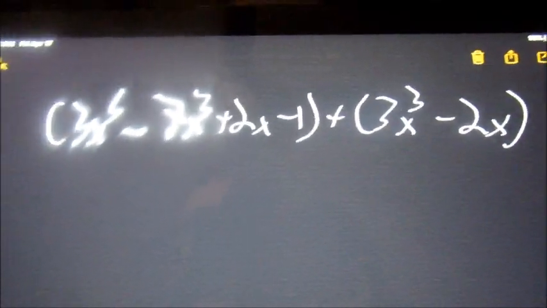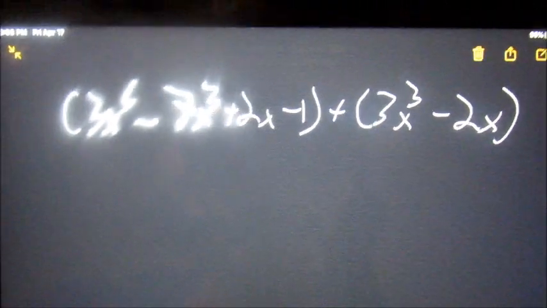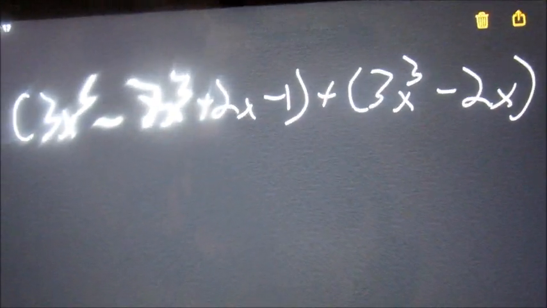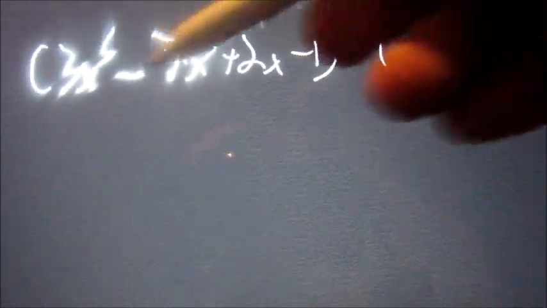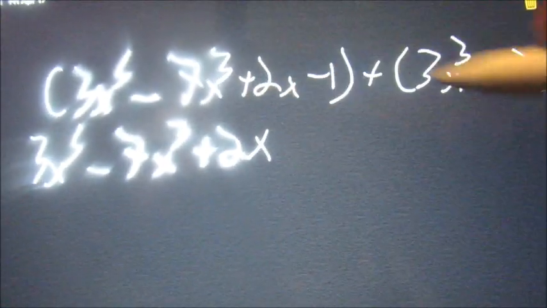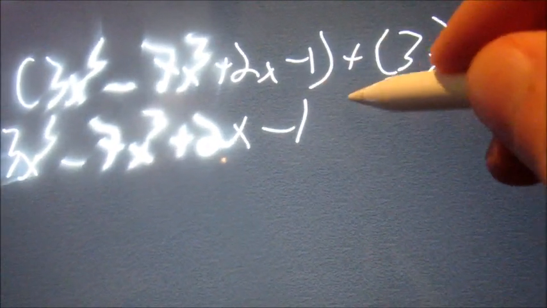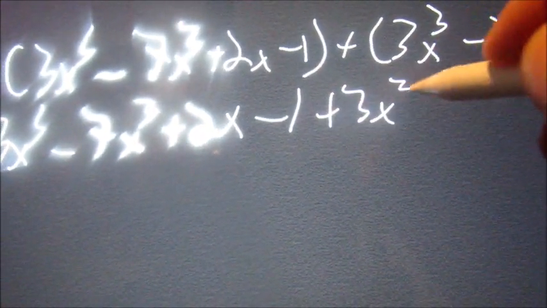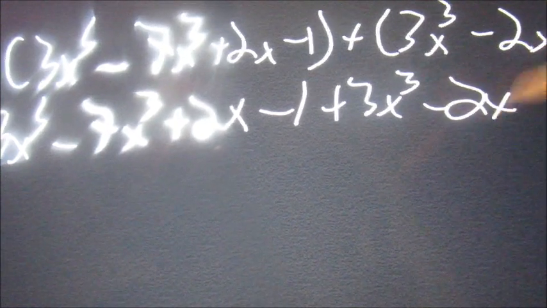So we can have ones that have different numbers of terms in each polynomial. So again, I'm just going to get rid of the parentheses. 3x to the 5 minus 7x to the 3 plus 2x minus 1 plus 3x to the 3 minus 2x. And now I just combine like terms.